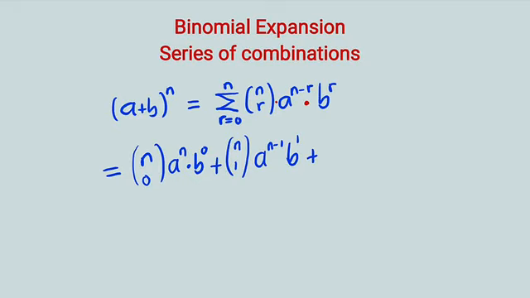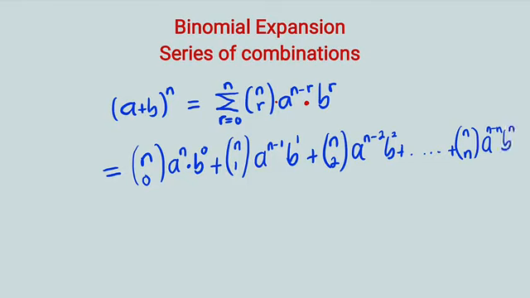You add n combination 2, a raised to the power of n minus 2, b raised to the power of 2. This is how you keep on going till you reach the last term, which is n combination n. As r is equal to n, a raised to the power of n minus n, then b raised to the power of n. You know, n minus n will be 0, so in the last term, a will be to the power of 0, which is the same thing as 1.